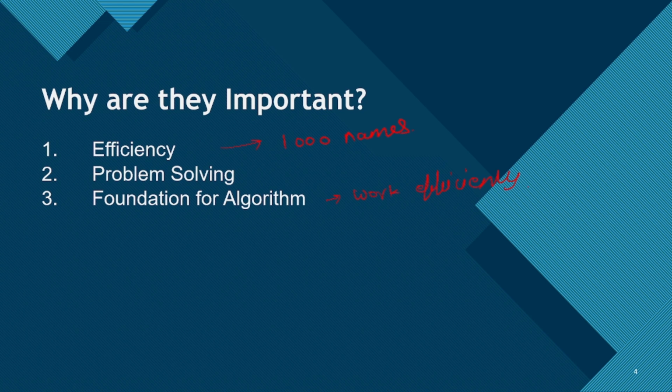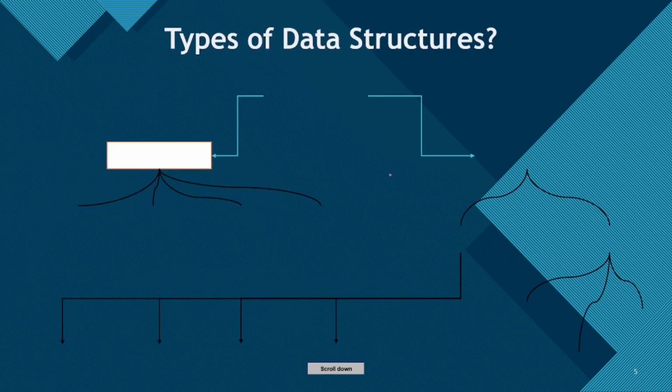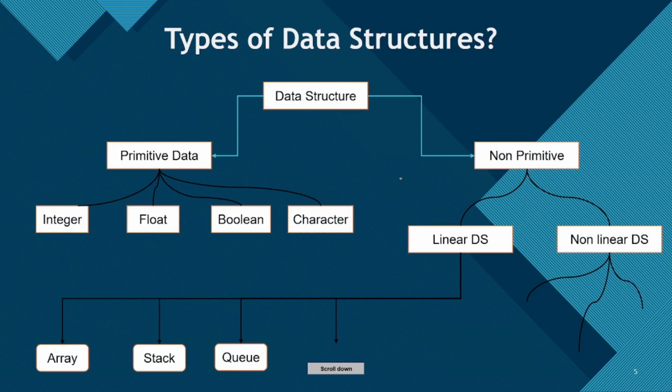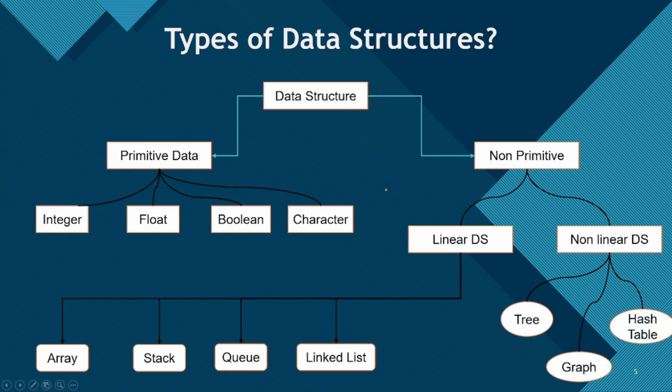So, moving further to the types of data structures. In data structures and algorithms, we have two main types: primitive data types and non-primitive data types. Primitive data types are divided into integer, float, boolean and character.